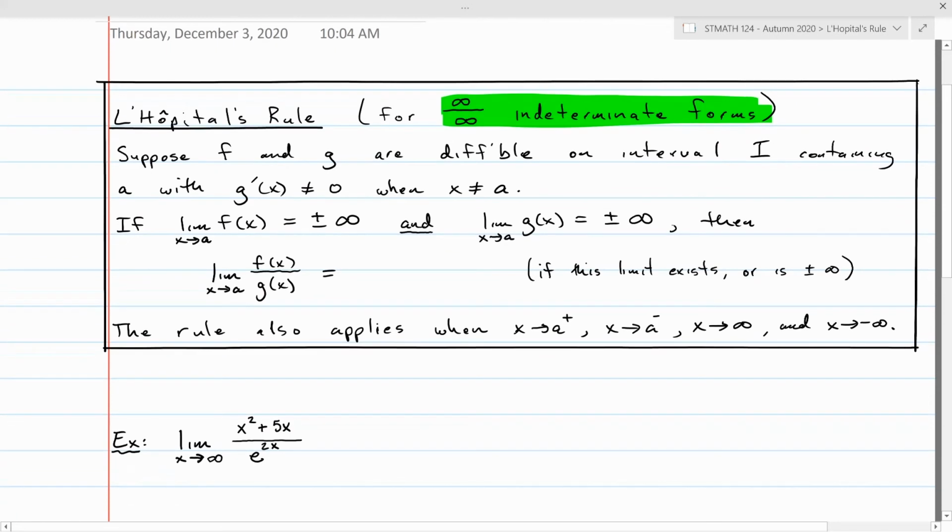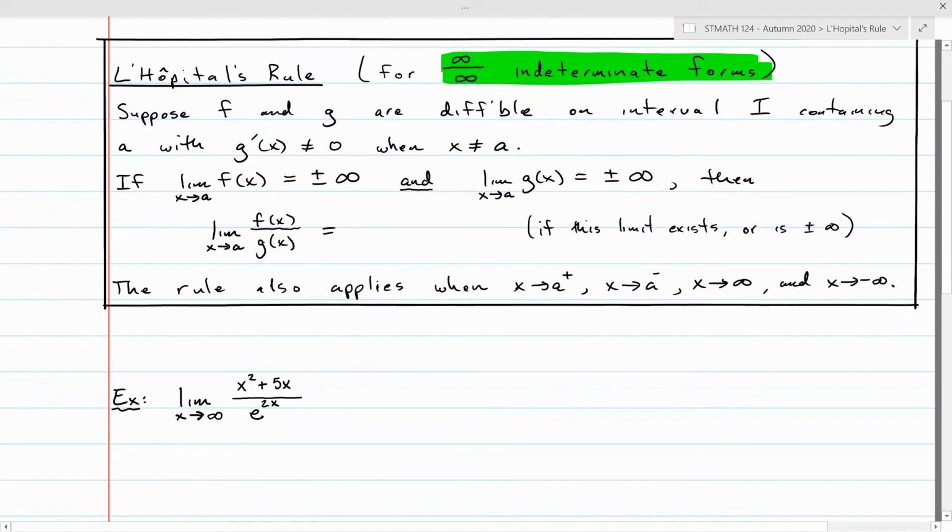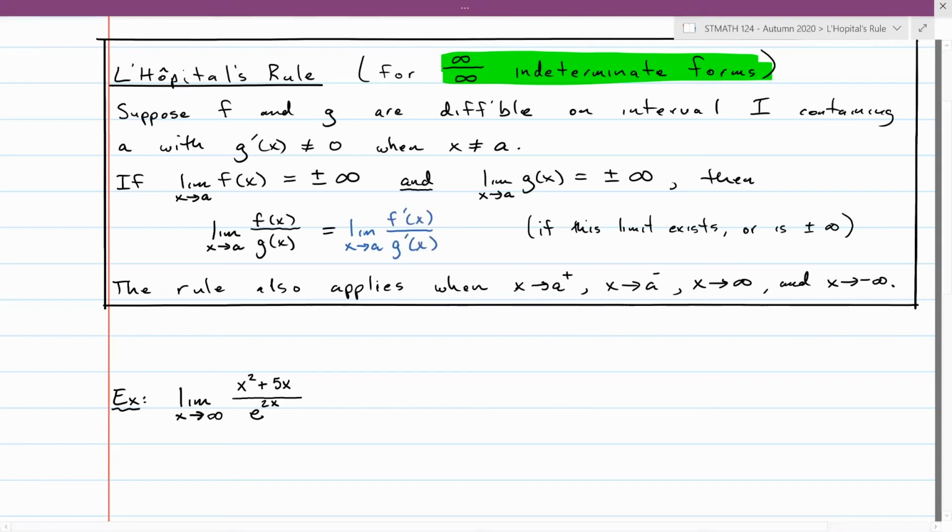And then we assume that the limit of the numerator is going to plus or minus infinity, and the limit of the denominator is also going to plus or minus infinity. So if all that's true, then L'Hopital's rule says that the limit of f over g as x approaches a will just end up being the limit as x goes to a of f prime of x over g prime of x. So good news, it's the same rule.